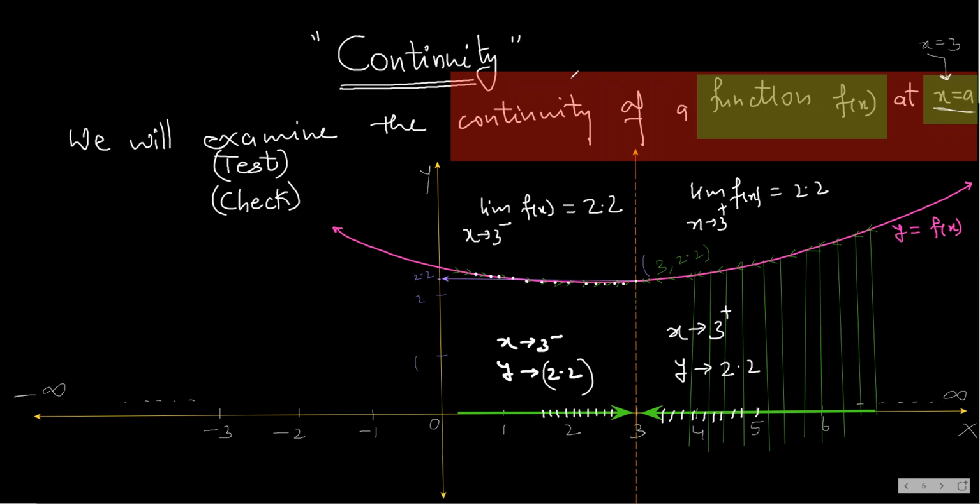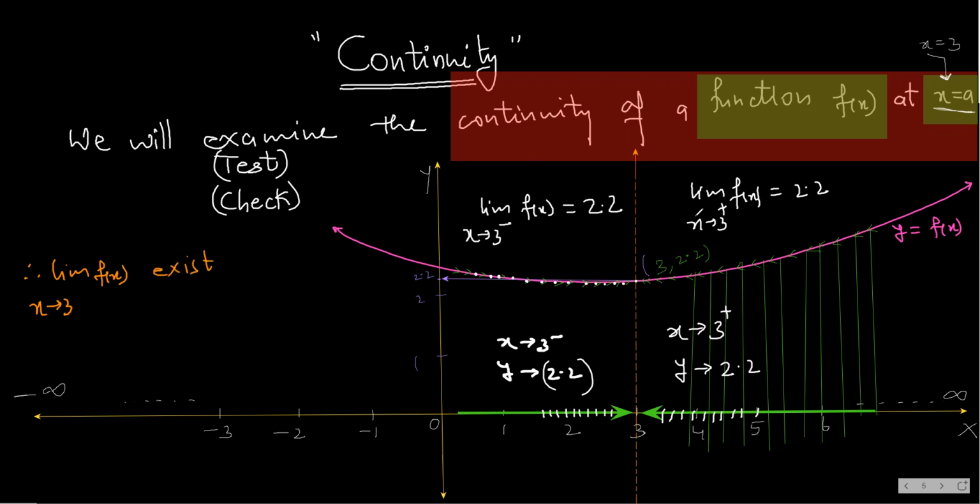Therefore, the left hand limit and right hand limit as x tends to 3 are equal. So this means the limit of f of x as x tends to 3 exists.